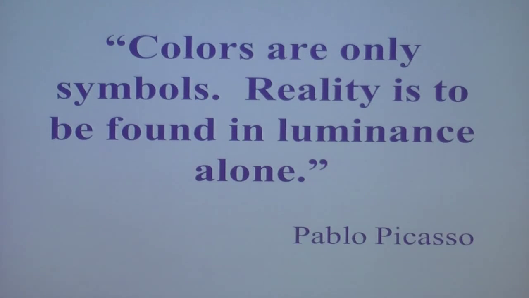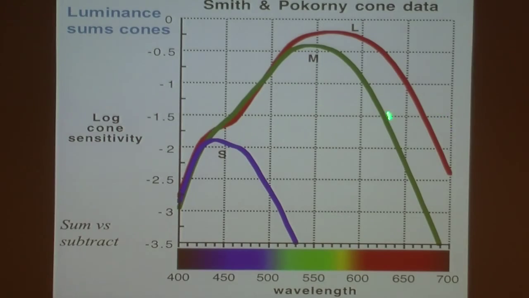Something else that artists figured out long before us neuroscientists is that color and luminance, and don't worry, I'm going to define luminance, do different things for you as a painter and as a viewer. So we have three types of cones in our retinas: short, middle, and long, or blue, green, and red. We see color by opponency, by subtracting the activity in the different cone types.